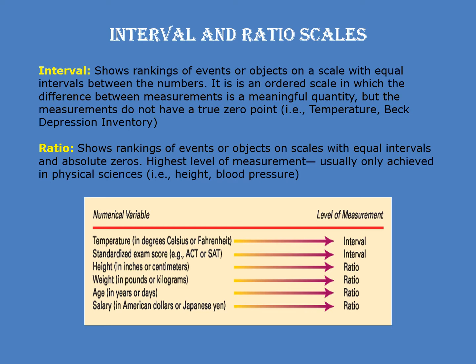Interval ordered categories have no inherent concept of zero, and with that in mind, the interval and ratio scales can be calculated in a meaningful way to understand the differences between categories.